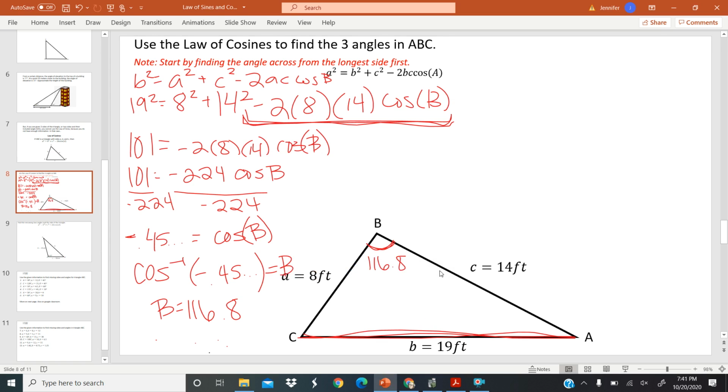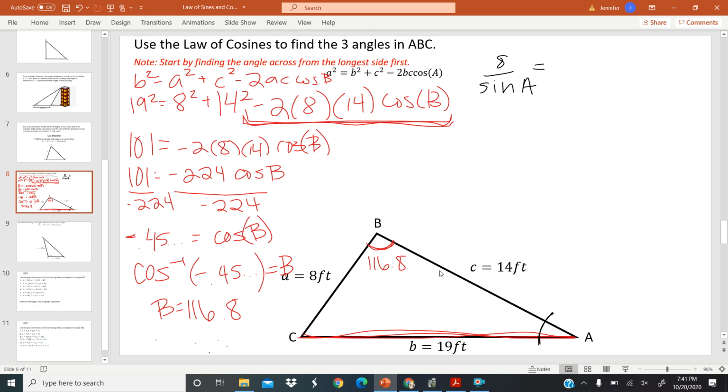So now that we've done all of that work to find our biggest angle, if you want to, you can use the law of cosines to find your second angle. But now we have enough information that if you wanted to use the law of sines, you could do that as well. So say that I want to find angle A. Then I would have side little a, which is 8, divided by the sine of angle A, which is what we're looking for.